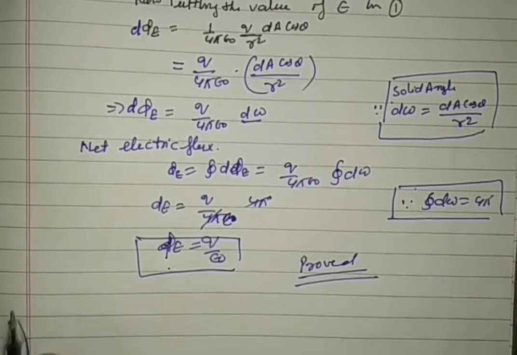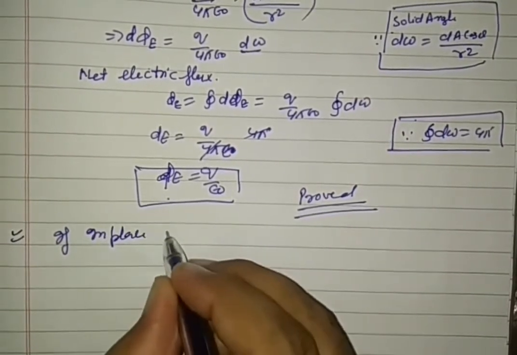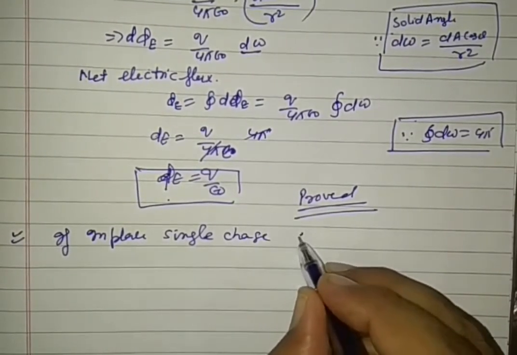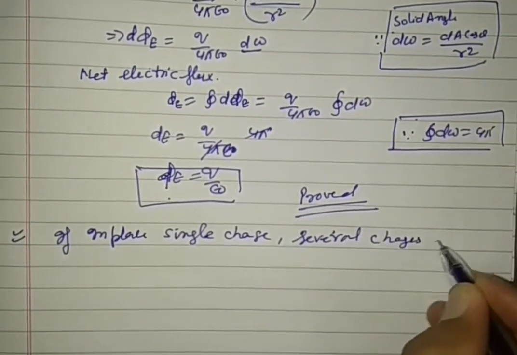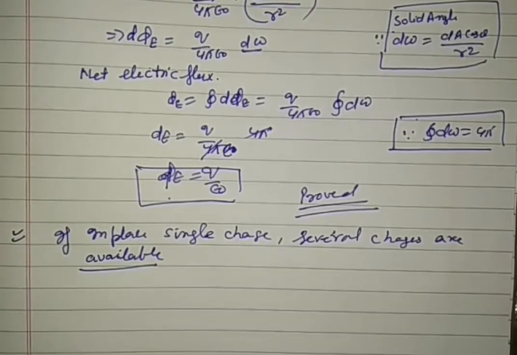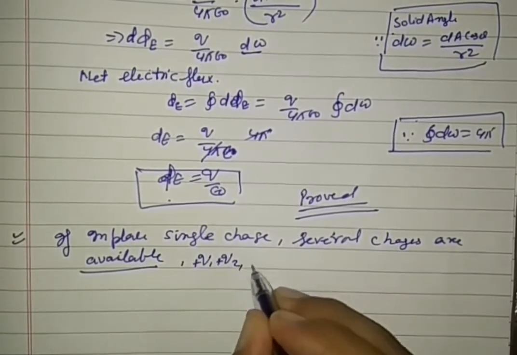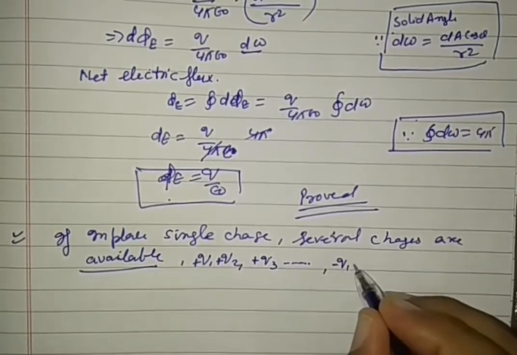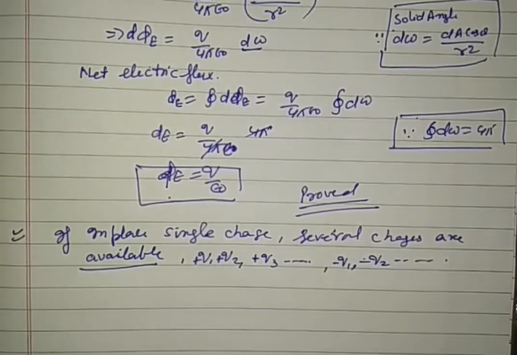If we have several charges, if in place of a single charge several charges are available, such as Q1, Q2, Q3 and so on, and minus Q1, minus Q2 and so on, then what is possible?